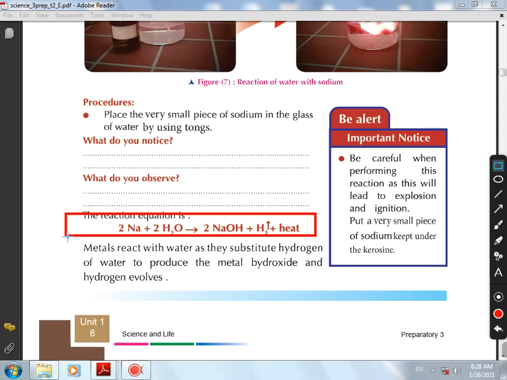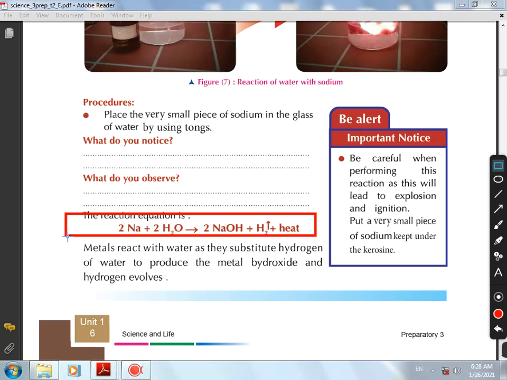The reaction: 2Na plus 2H2O give 2NaOH plus hydrogen gas plus heat, and metals react with water as they substitute hydrogen of water to produce the metal hydroxide and the hydrogen gas.